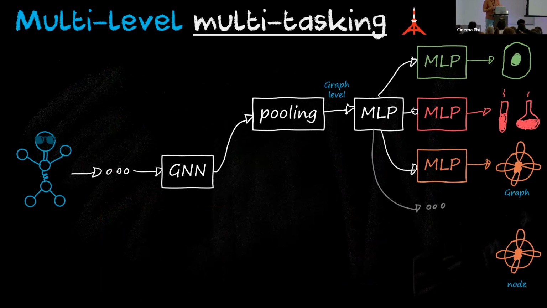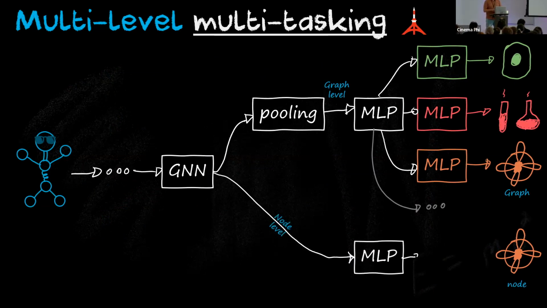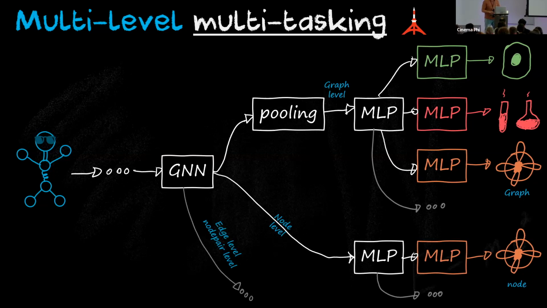The shared representation allows the neural network to learn things that are correlated between physics, chemistry, and biology. But you also have another separate MLP for the node level tasks. And again, you can have many different task heads. Of course, you can also have edge level and node pair level, but we didn't include that in our current dataset.